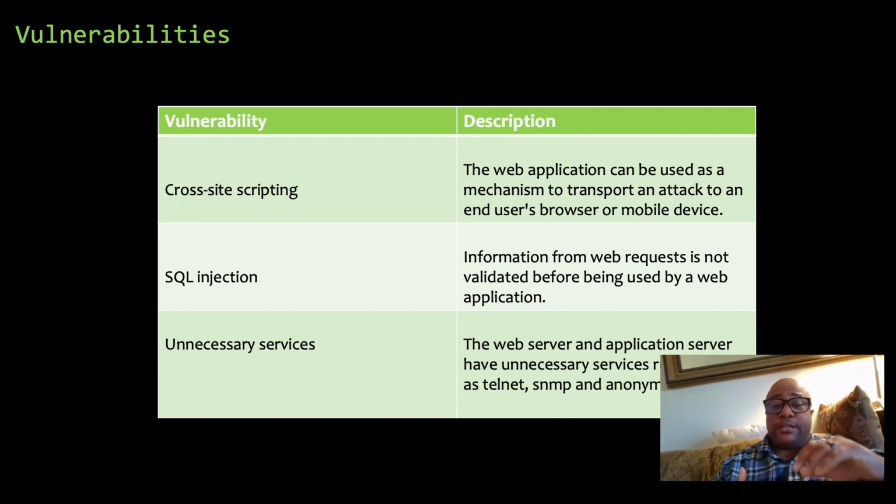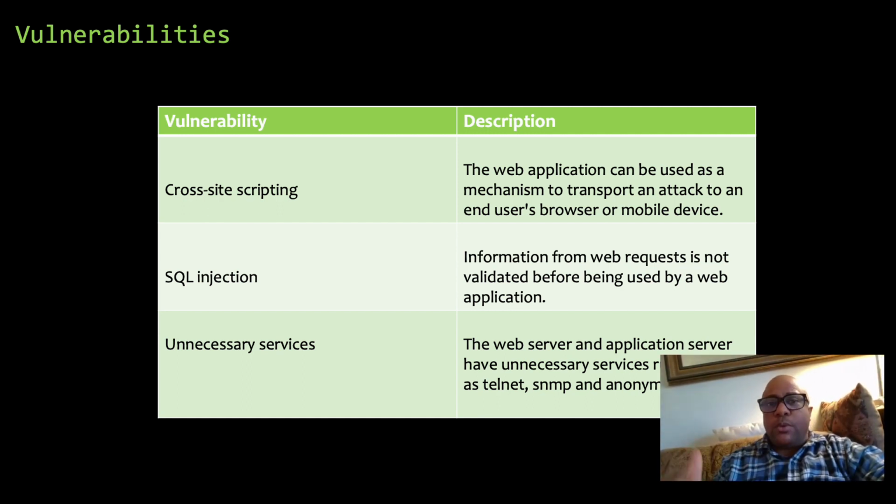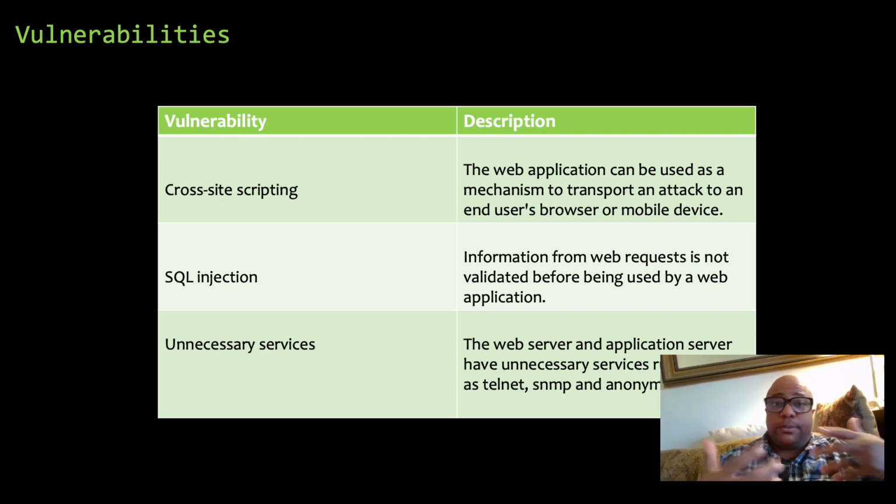So basically, information from web requests is not validated before being used by a web application. SQL injection uses malicious SQL code in order to manipulate the backend database, because the hacker wants to access information that we wouldn't be able to see on the front end, but that's displayed in the back end.